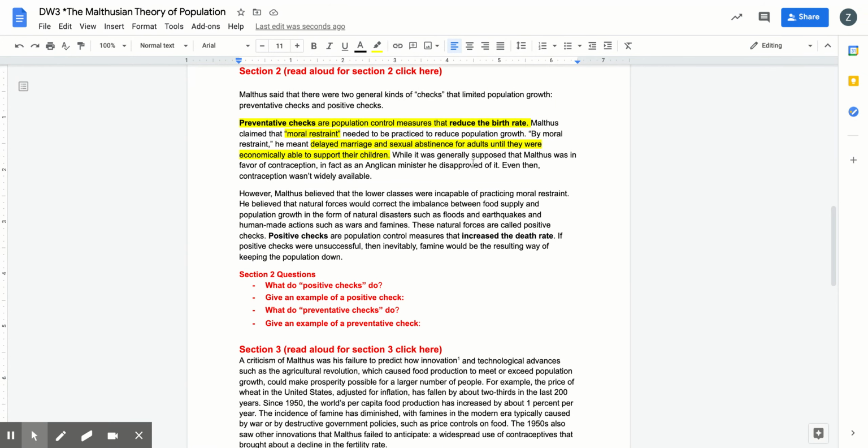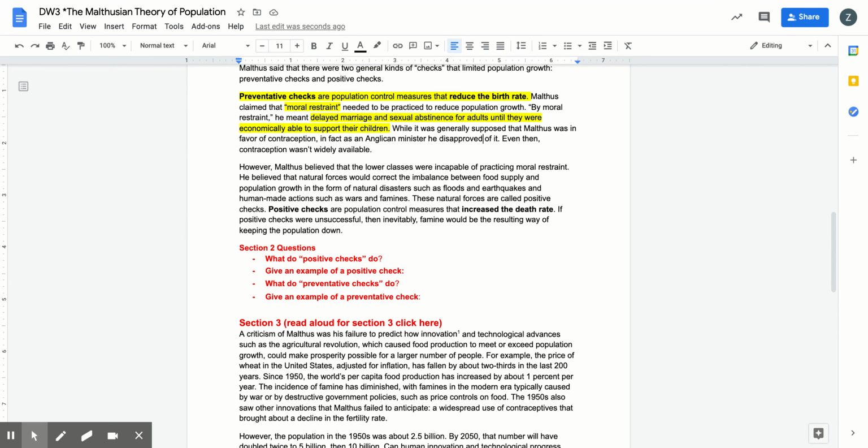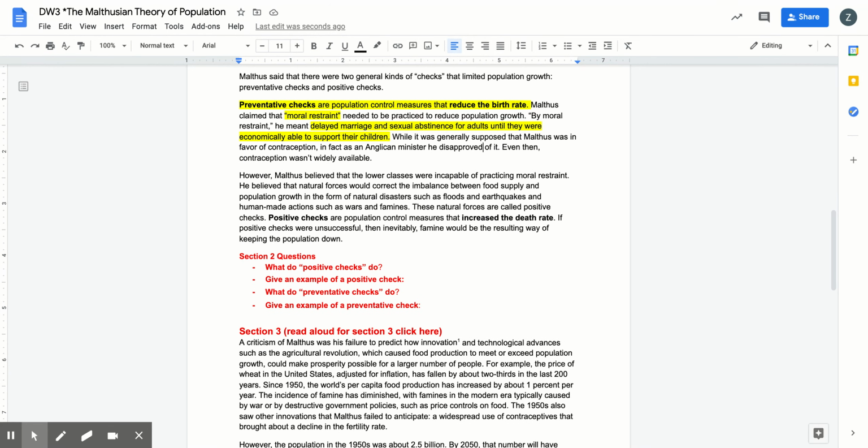Seems kind of like he contradicts what people would have thought based on what he's saying. Even then, contraception wasn't widely available. Remember, this is like in the beginning of the 1800s or very late 1700s.